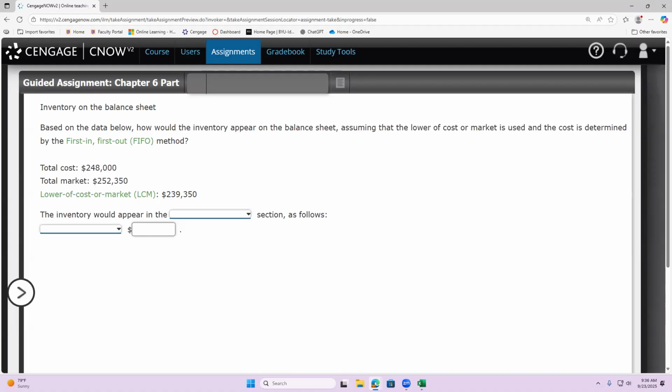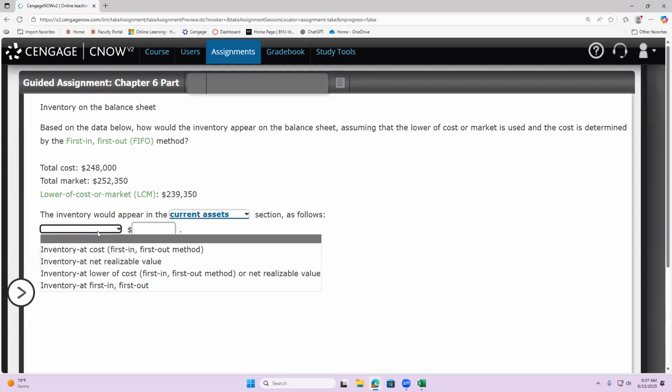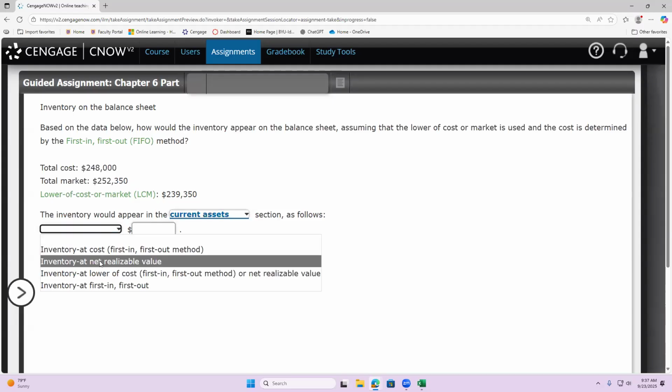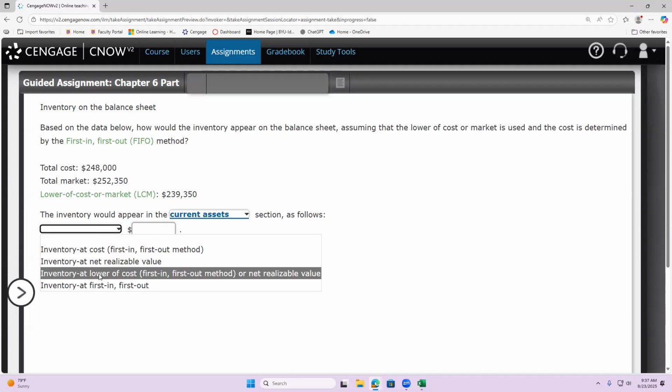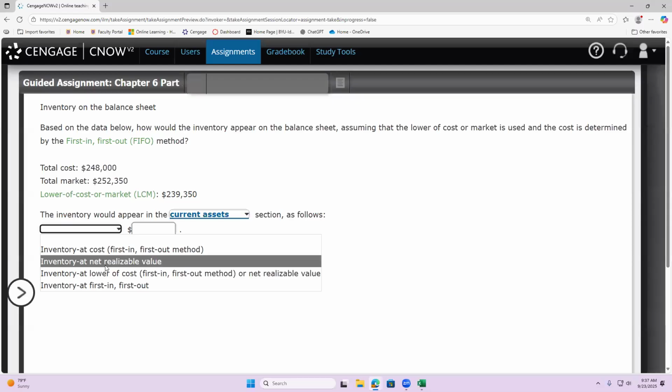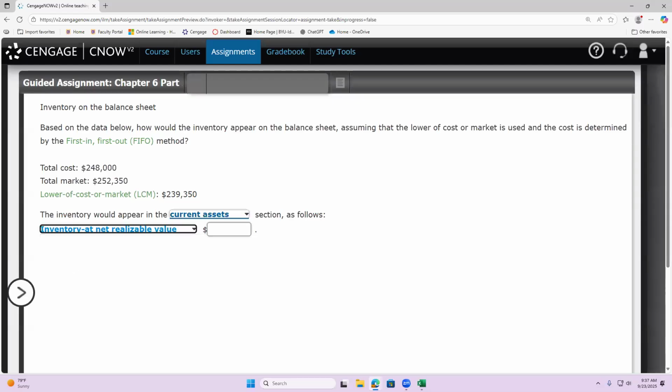So how do we list that? The inventory would appear in the current assets section. That's what inventory is. It's a current asset, an asset we expect to convert to cash in the near term, as follows. Inventory at... I don't know what they want there. That's a little weird. Let's see what they want there.